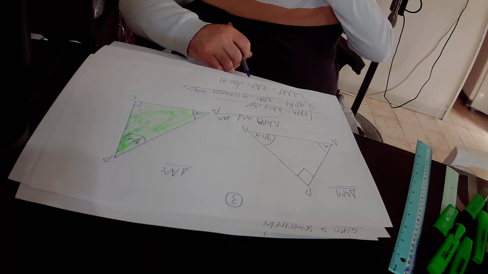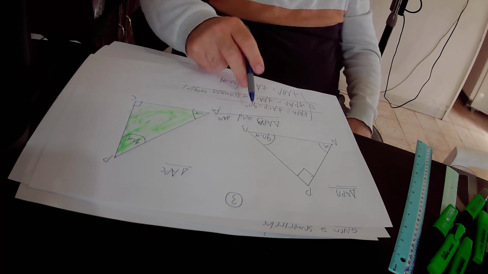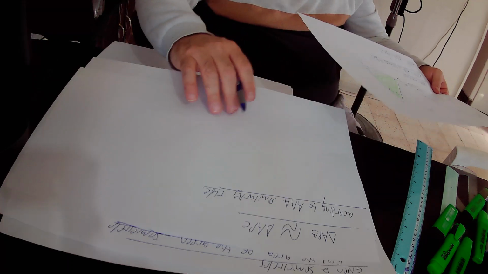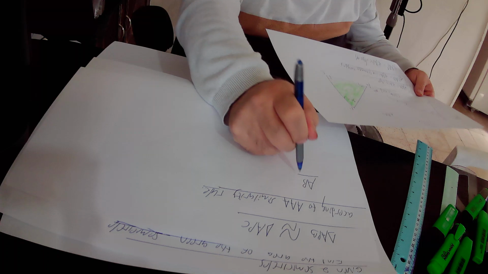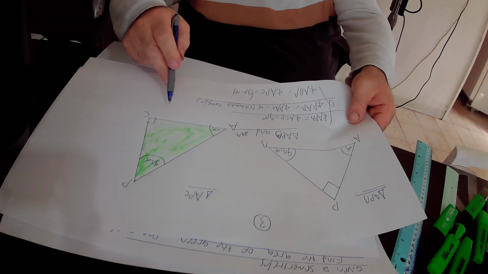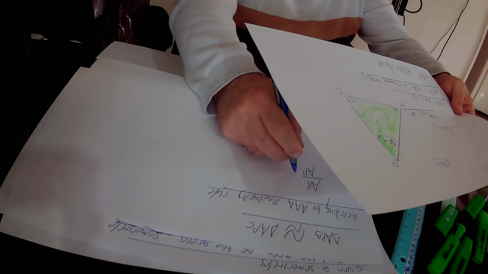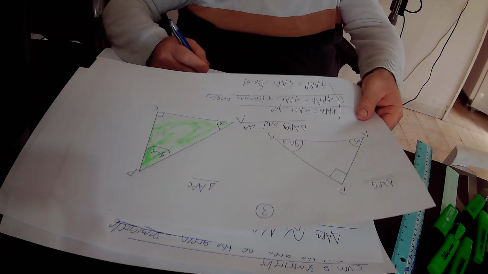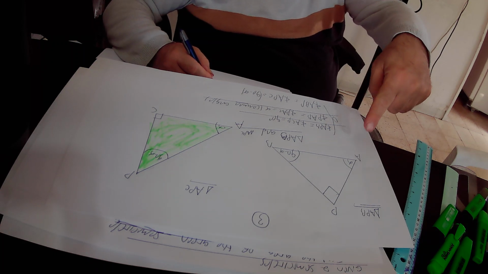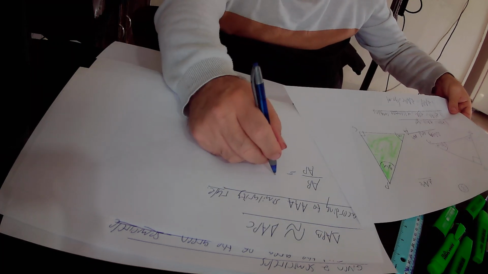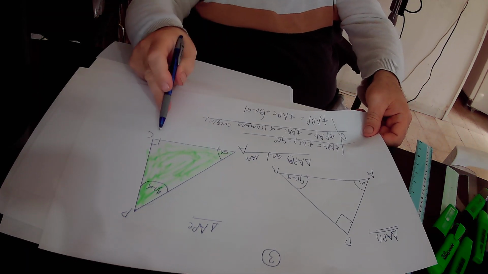We derive that side AB in the right triangle over side AP in the green triangle equals side AP in the white triangle over side AC in the green triangle.